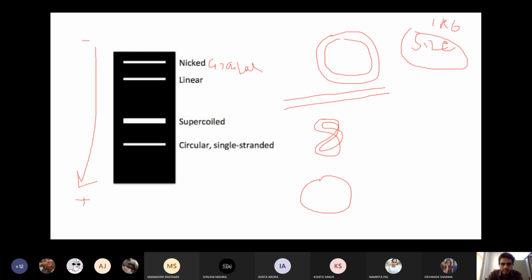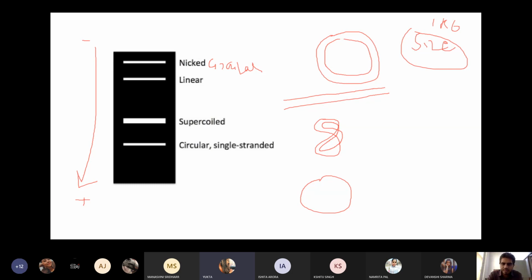Sir, I would like to add that the size, as you mentioned, is the same, but the conformation is different in all four of them, right? So the supercoil is moving at a faster pace because it has additional winding. That's why it is called supercoil, right?